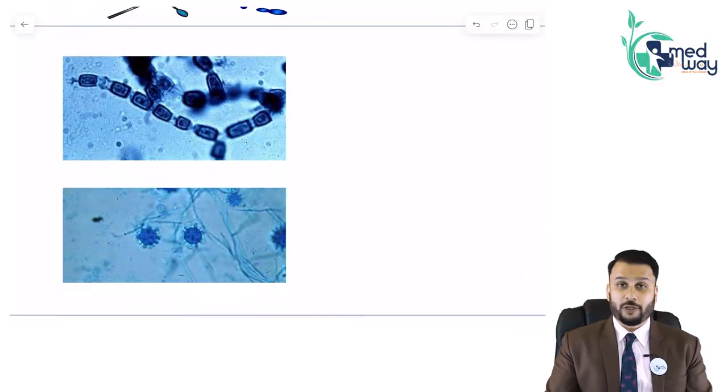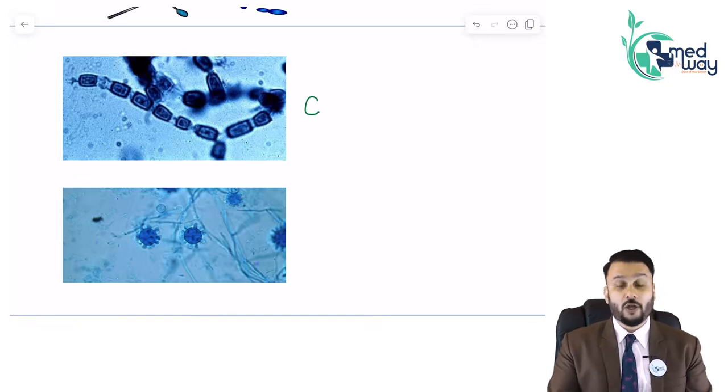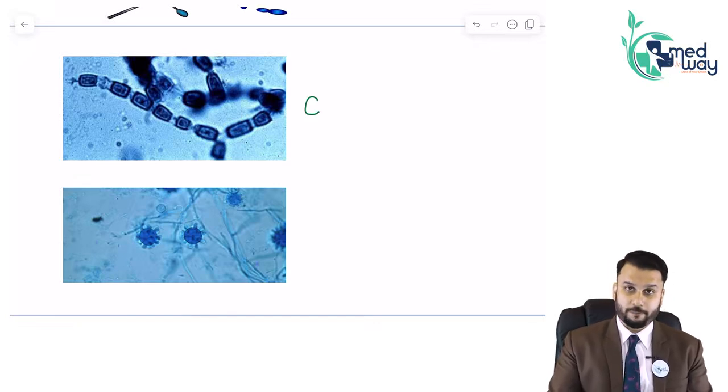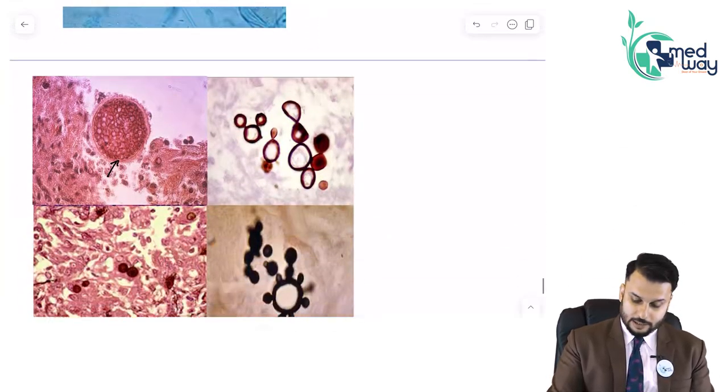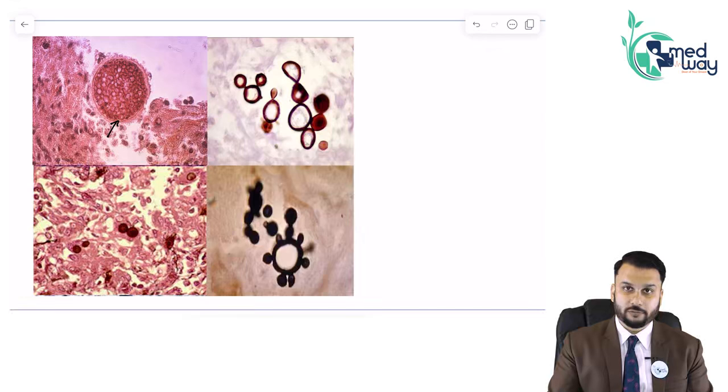I really hope you're able to identify this. This is the first picture, that is barrel-shaped arthroconidia, which happens to be the feature of coccidioidomycosis, right? Next, you're able to see Histoplasma here that has the tuberculate conidia. And this picture represents all the different types of dimorphic fungi. I'm going to give you 1 second.